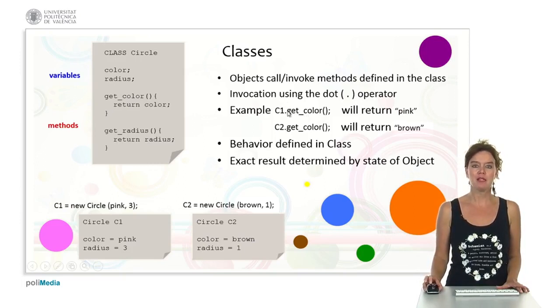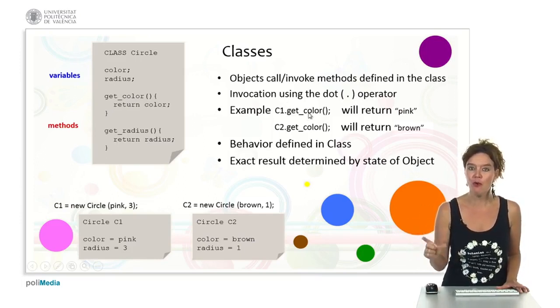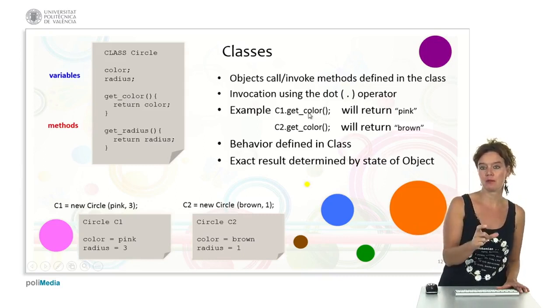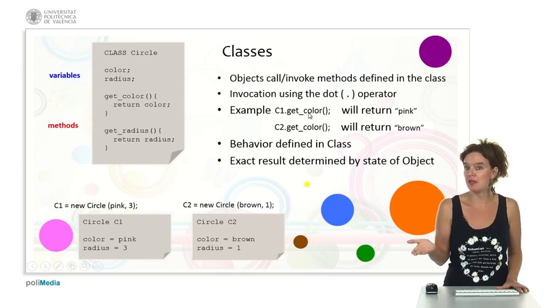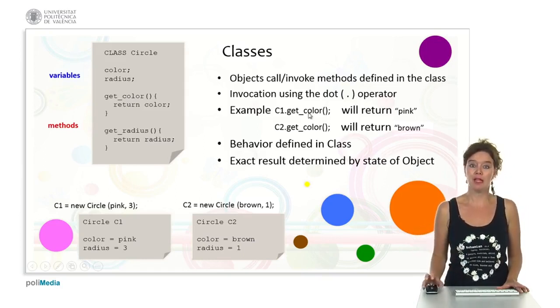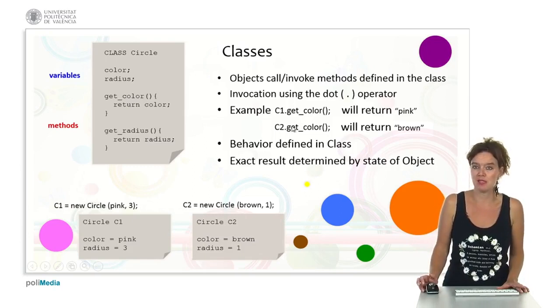If we write C1.getColor, what we do is call the method getColor for the instance C1. And since C1 is a pink circle, we get the result pink because that's the color. And for C2, something similar, C2.getColor will return brown because C2 has the color brown.